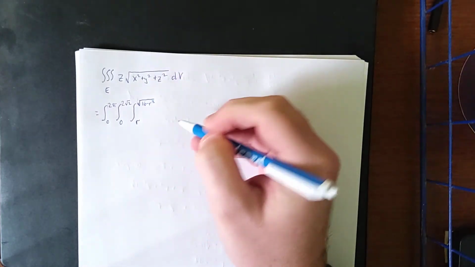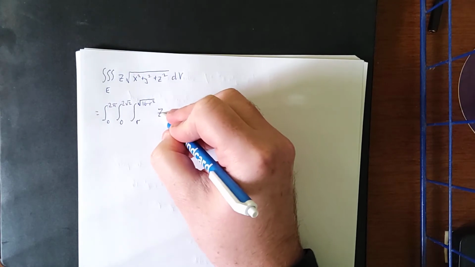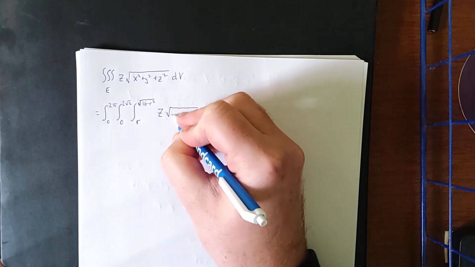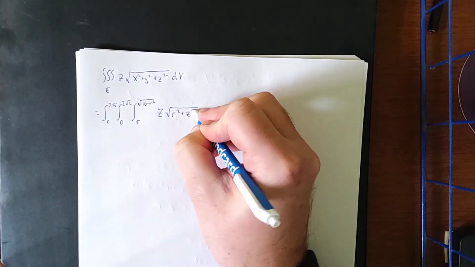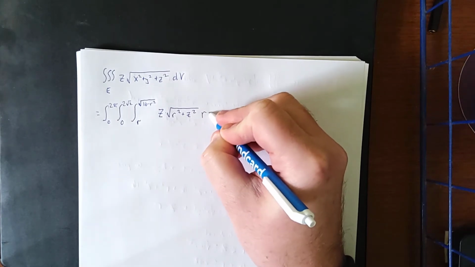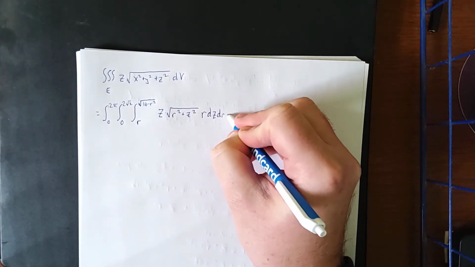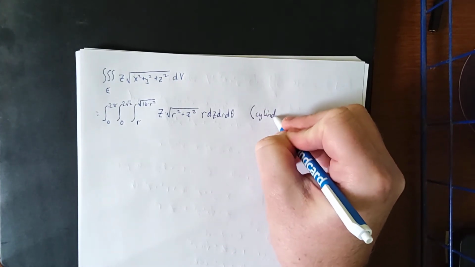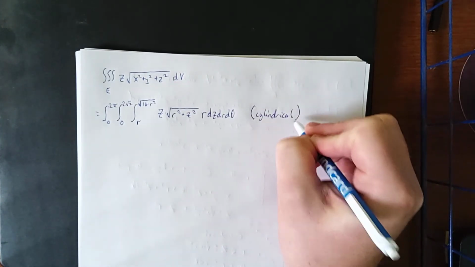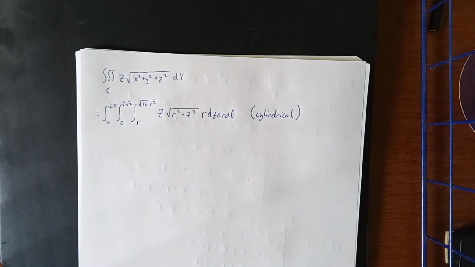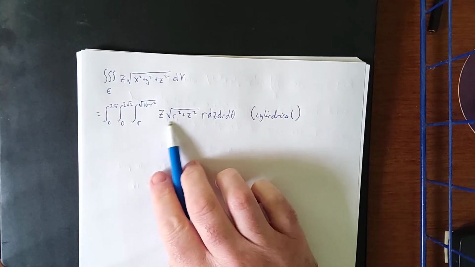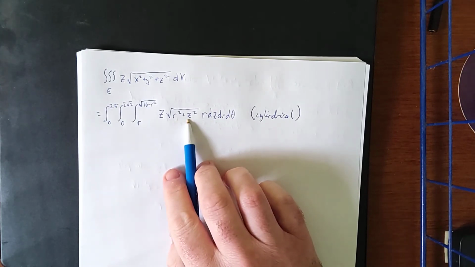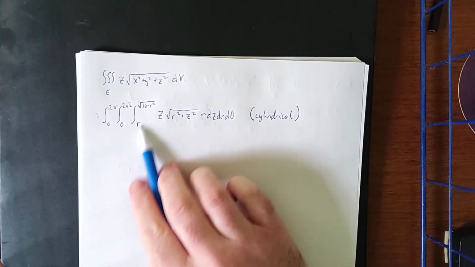And then converting x and y into polar coordinates here, this would be z times the square root of r squared plus z squared, r dz dr d theta. So this would be cylindrical coordinates. Certainly not impossible. I believe for our first integral with respect to z, you would probably want to do a u substitution for that, and hopefully these turn out pretty nicely.